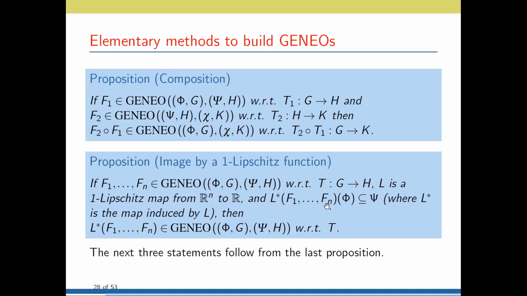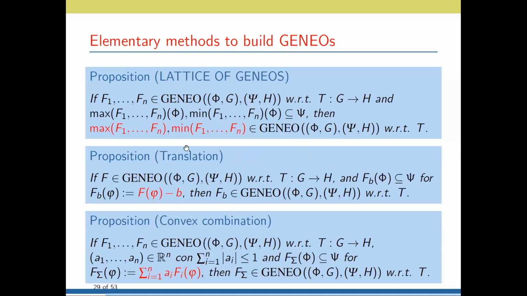Other trivial results are given by the next three propositions that trivially follow from the proposition concerning the one-Lipschitz function. First of all, GENEOs are a lattice. There is a lattice structure on GENEOs, since the maximum of GENEOs is still a GENEO, and the minimum of GENEOs is still a GENEO.